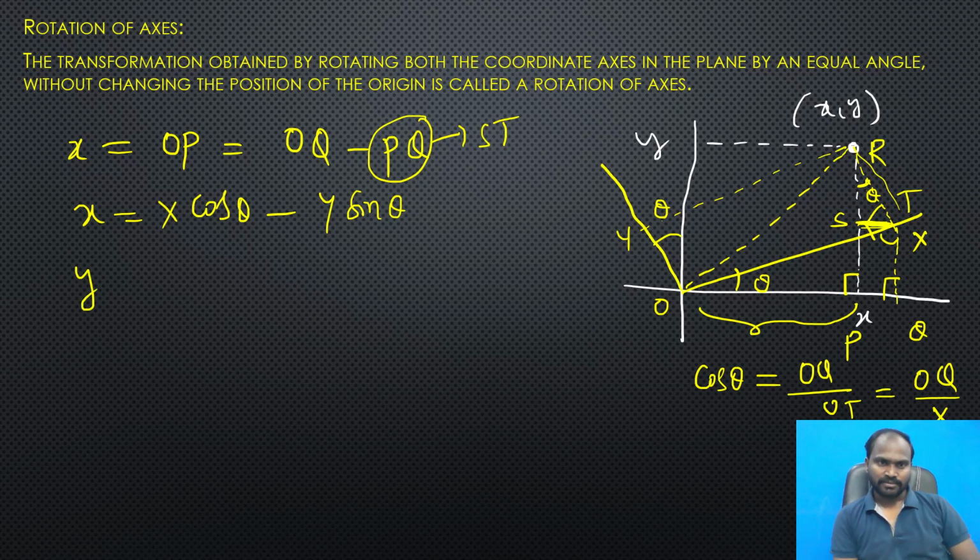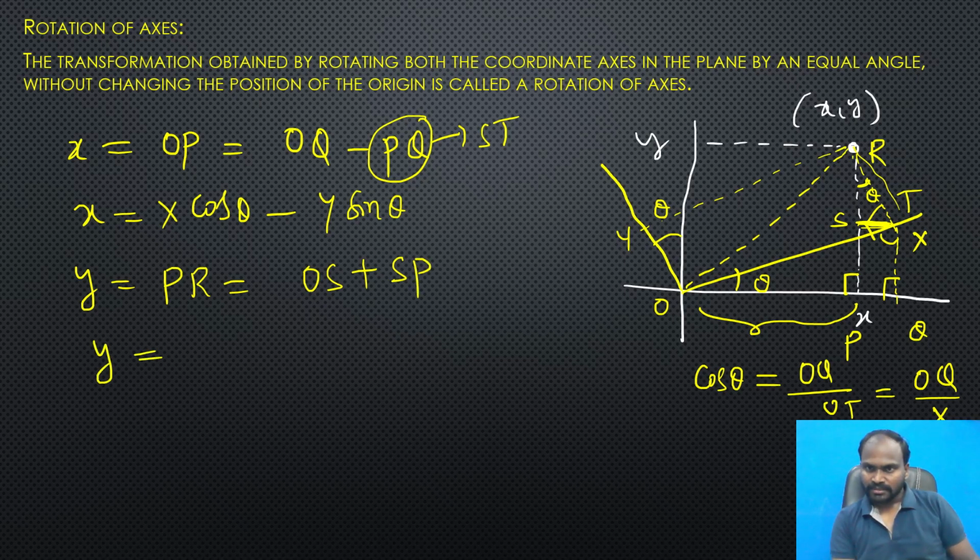Similarly let us take y, y is this entire thing which is PR. How can we write PR, OS plus SP, so y is equal to OS. OS is the adjacent side here, so adjacent by hypotenuse, we can write Y cos theta, right, plus SP. Where is SP, this one, which is nothing but TQ, which is again going to be opposite, so X sin theta.